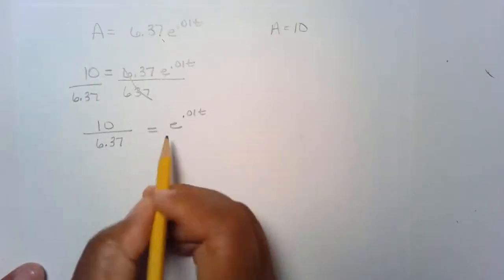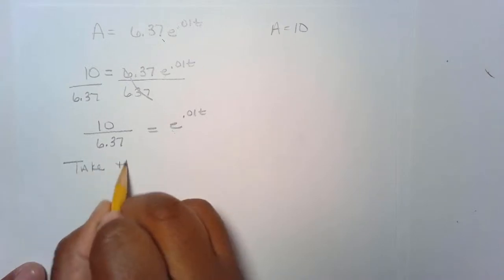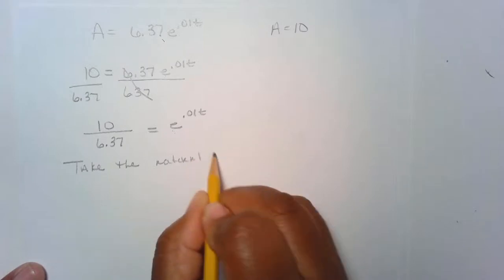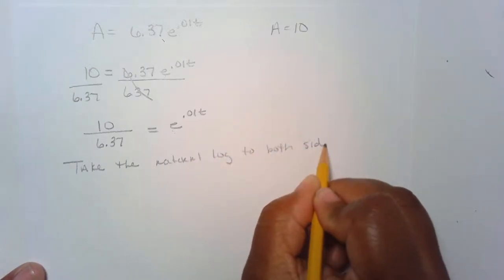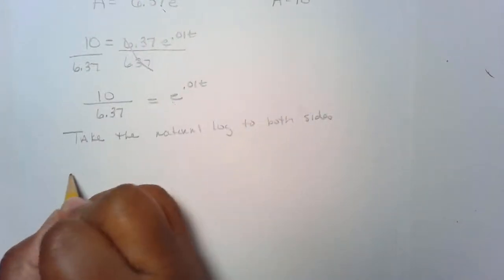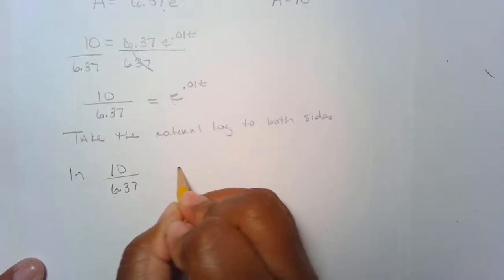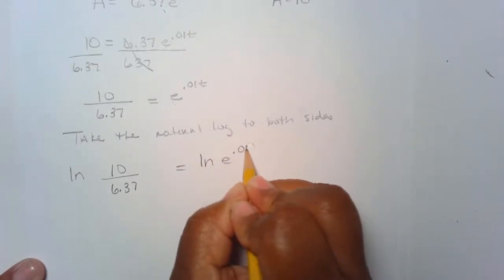Then take the natural log because we have base e. Take the natural log to both sides. So we have ln of 10 over 6.37 is equal to ln of e to the 0.01 t.